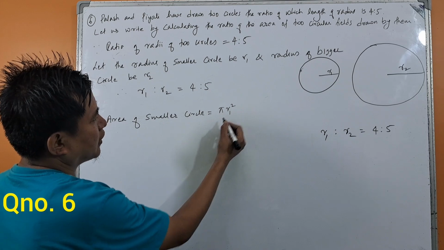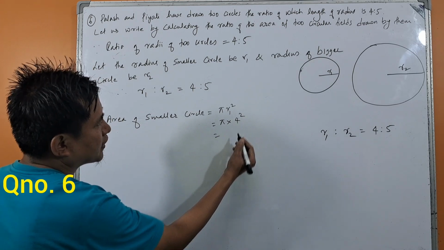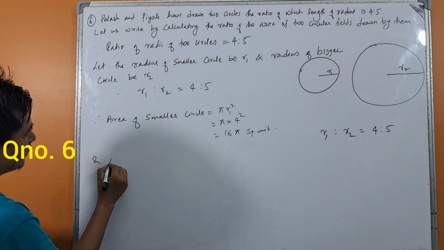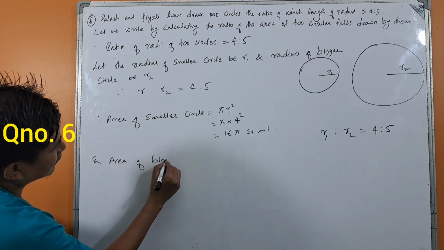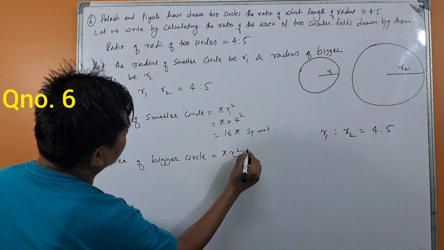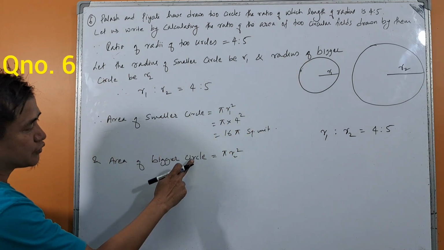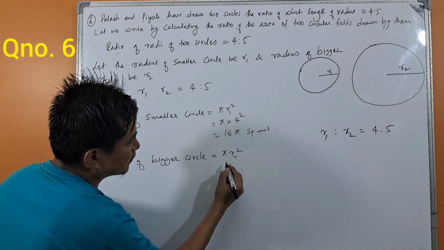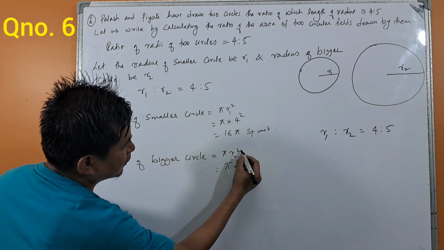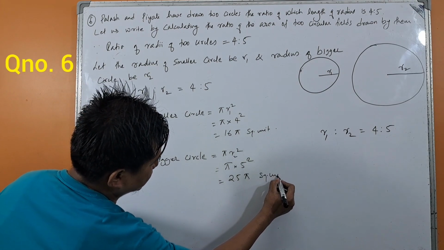So pi r1 square, where r1 is 4, squared is 16. 16 into pi is 16 pi square units. And the area of the bigger circle is pi r2 square, because the radius of the bigger circle is r2. r2 is 5, and 5 squared is 25. 25 into pi is 25 pi square units.